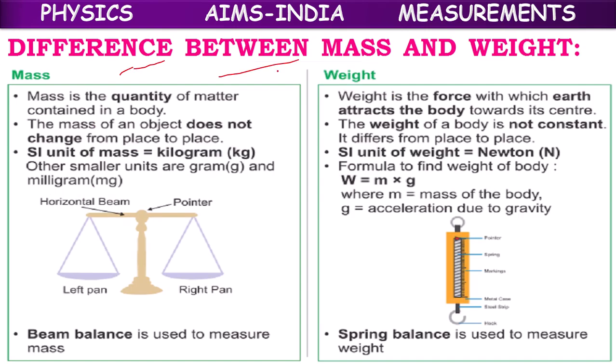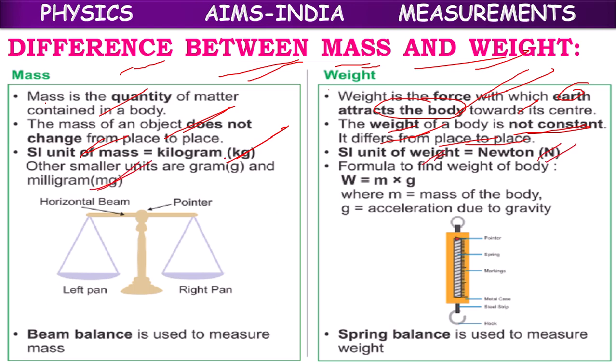So next, the difference between mass and weight. Mass means quantity of matter. Weight means the force with which earth attracts the object. Mass does not change from place to place. Weight of a body is not constant, it changes from place to place. Mass SI unit is kilogram, weight SI unit is newton. The smaller units of mass are grams and milligrams, the bigger unit is kilogram.